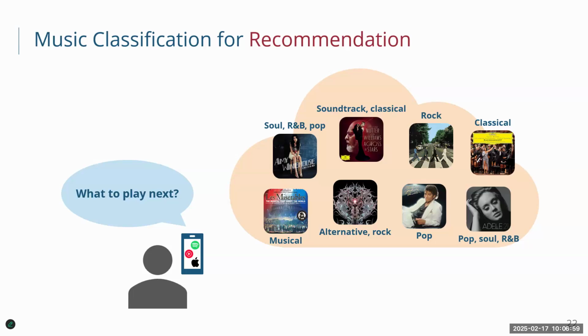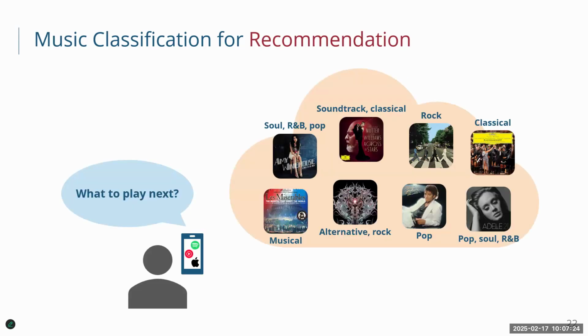Sometimes with YouTube videos, people won't upload any description or text. So can the system somehow guess what the genre is, so that you can do better on what to play next? This is how classification can feed into a music recommendation system.